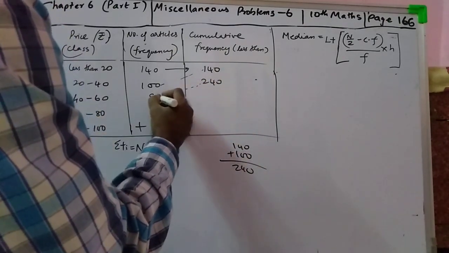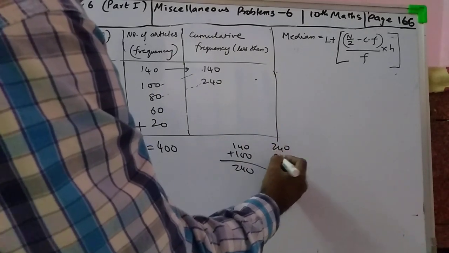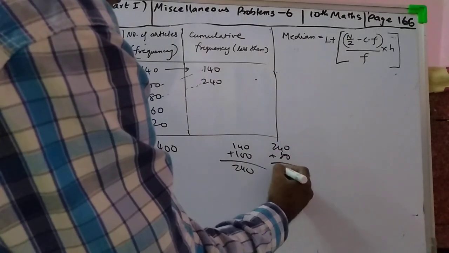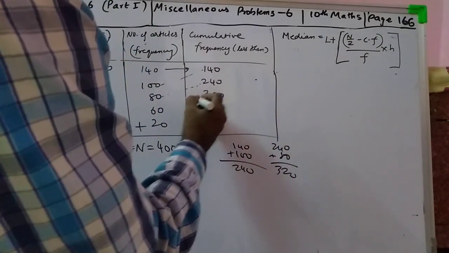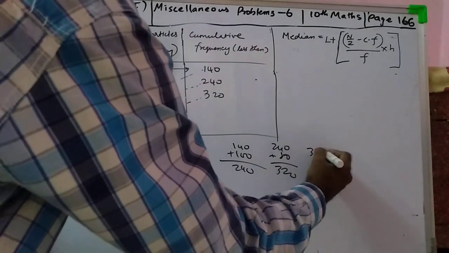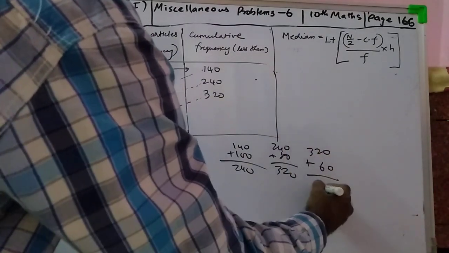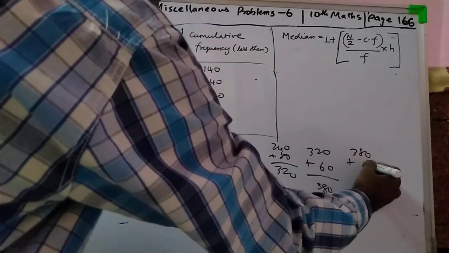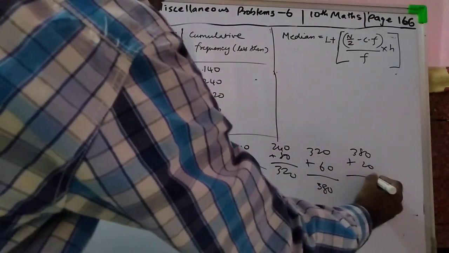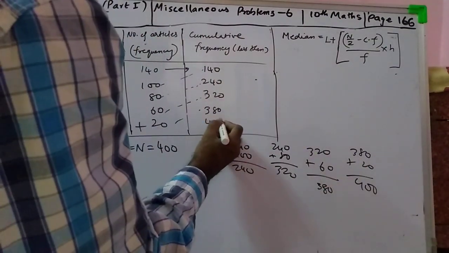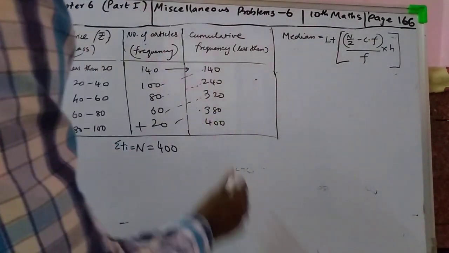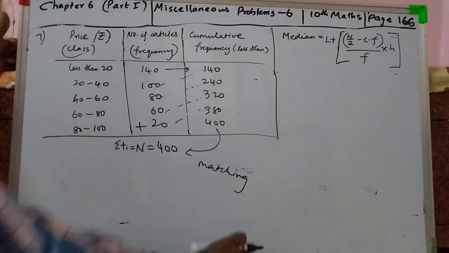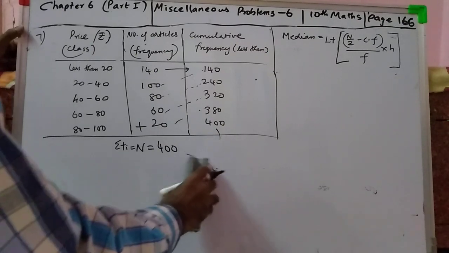Then 240 plus 80 is 320, and 320 plus 60 gives 380. Put it here, and 380 plus 20, you will get 400. Matching means no problem, so it is correct.